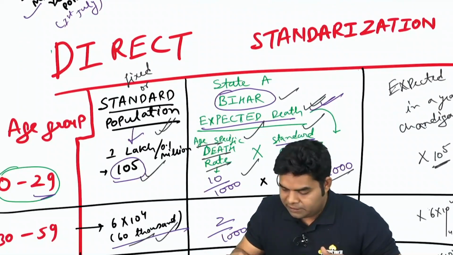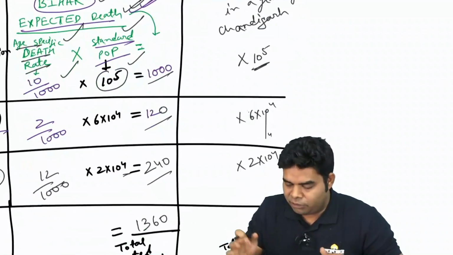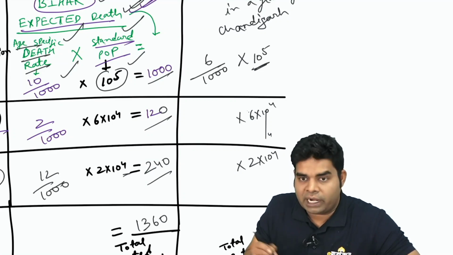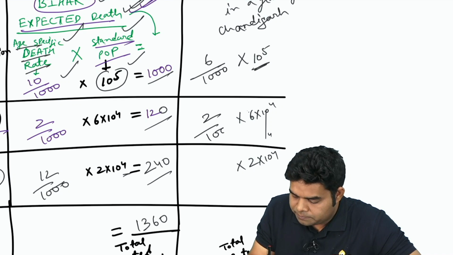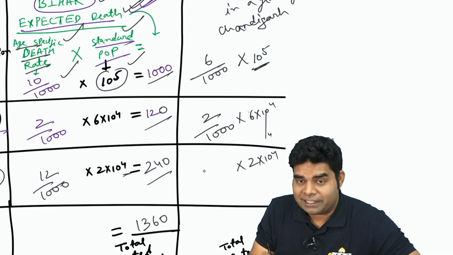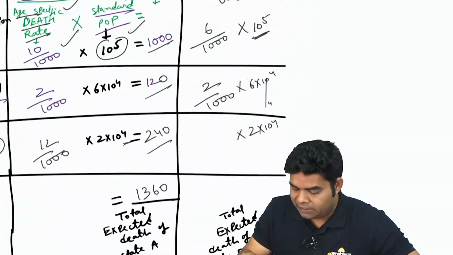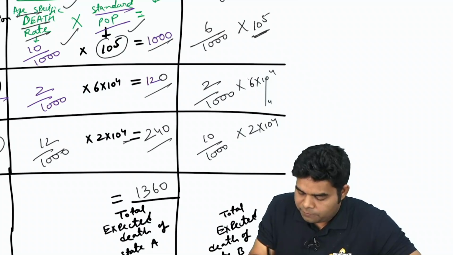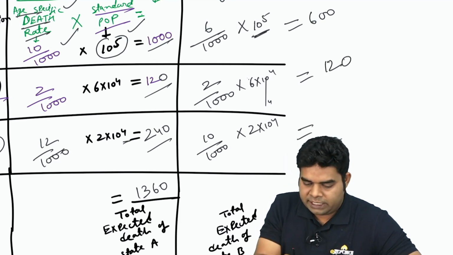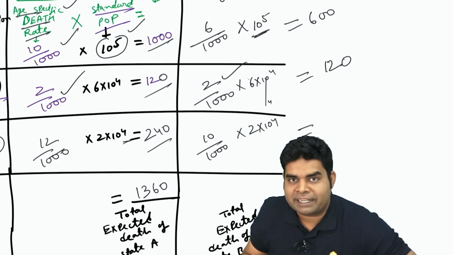So let's apply that and get the expected death in a year for Chandigarh also. 6 per thousand into 1 lakh, 2 per thousand into 60,000, and the last was 10 per thousand. So if you solve it, you will get 600 here, and here 2 into 6, 12, so it will be 120, the same, because the death rate was the same, so you will get the same expected death here.